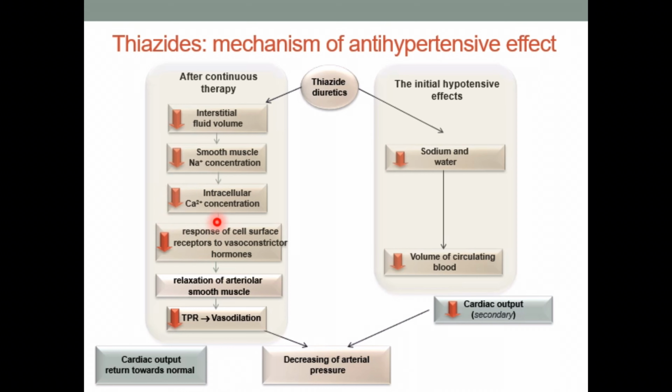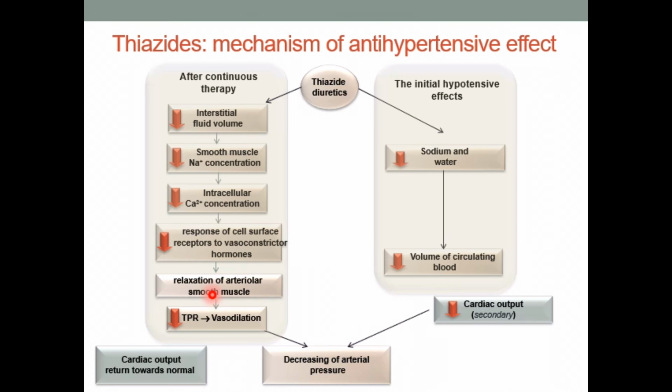And calcium is important for contraction of smooth muscle, and therefore with the reduction in calcium, there will be reduction in response of the cell surface receptors to any vasoconstrictor hormones, and therefore it will cause relaxation of the arterial smooth muscle.